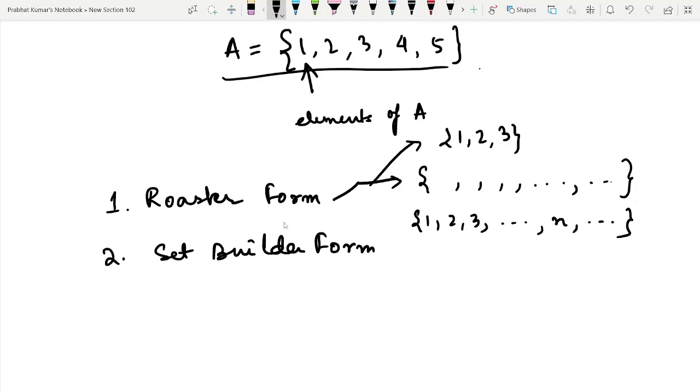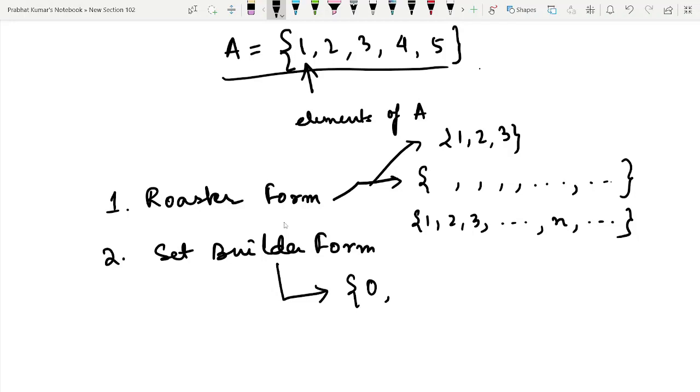This problem arises when you try to represent sets like the set of all real numbers between 1 and 2, or the set of all real numbers between say 0 and 1. That kind of set cannot be represented using roster form. Why? Let us see. Suppose we represent all real numbers from 0 to 1, including 0 and 1, in roster form. The first element is obviously 0. Then what will be the next element?